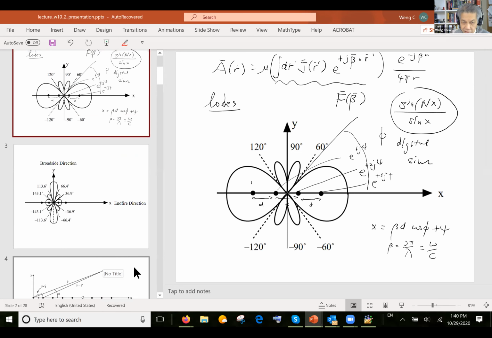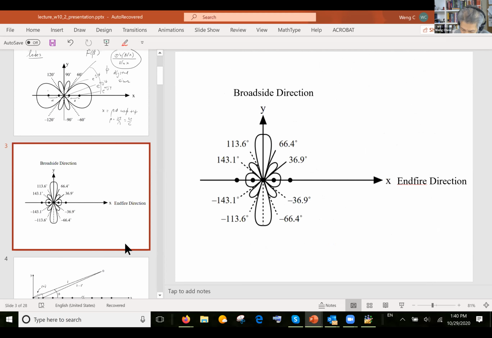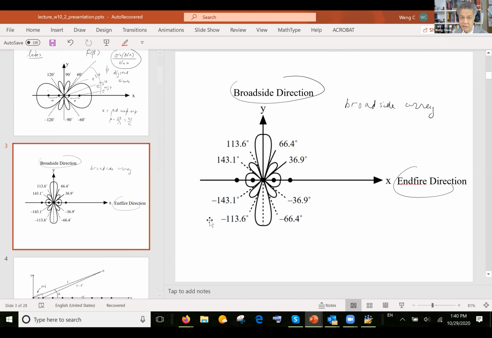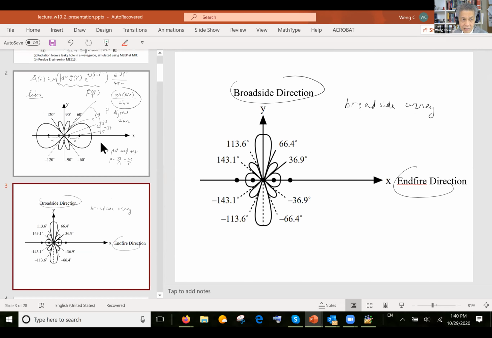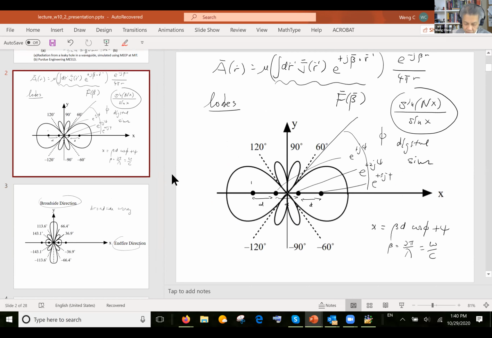So this second array that we have is called a broadside array, because it radiates predominantly in the broadside direction. This is called the end fire direction. This is called the broadside direction. But this antenna radiates in the broadside direction. It's called a broadside array. You can get that effect by changing phi. And on the other hand, this is called an end fire array.